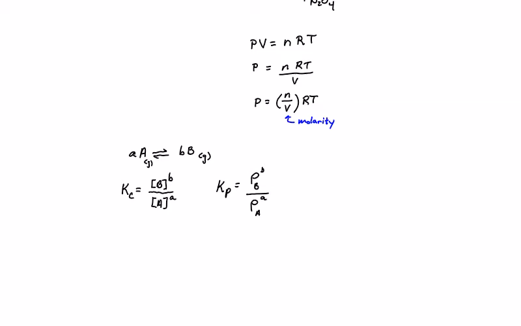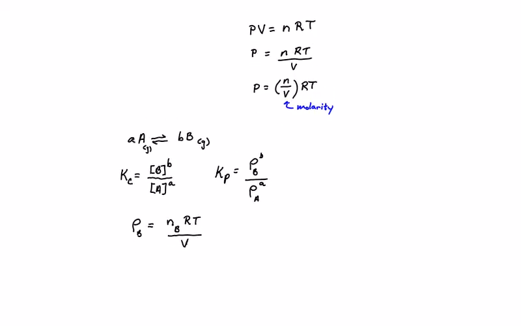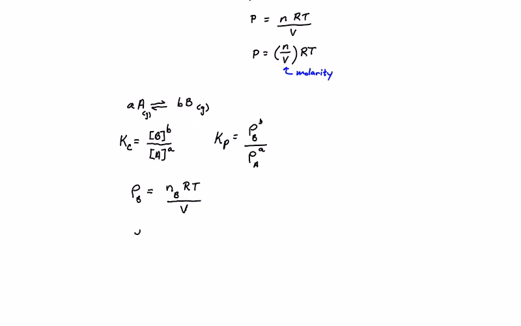Now we know the partial pressure of B is going to be equal to the number of moles of B times the gas constant times the temperature divided by volume. And the partial pressure for A is going to be equal to the number of moles of A times the gas constant times temperature divided by the volume.